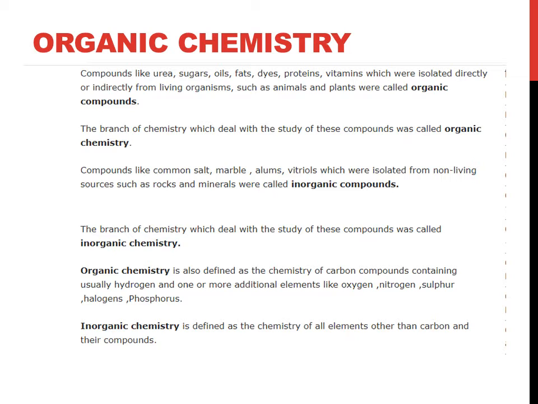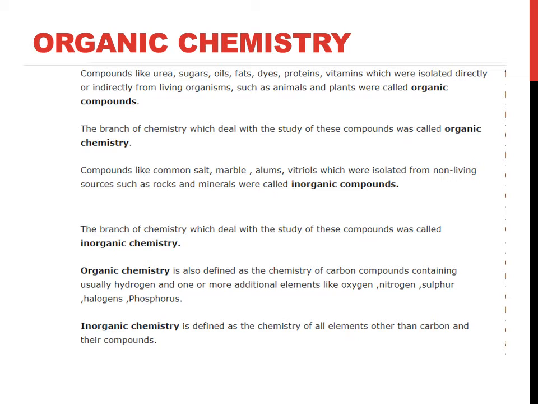Compounds like common salt, marble, alums, vitriols, which were isolated from non-living sources such as rocks and minerals, were called inorganic compounds. The branch of chemistry which deals with the study of these compounds was called inorganic chemistry.